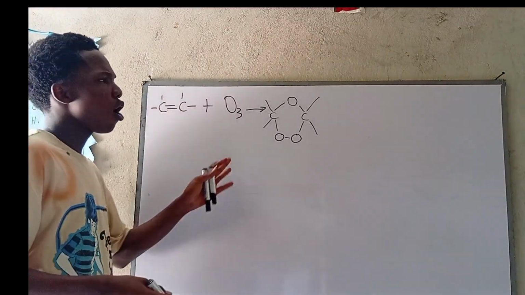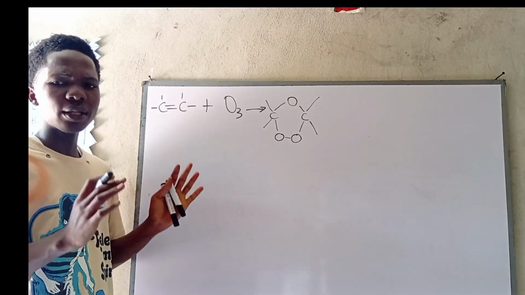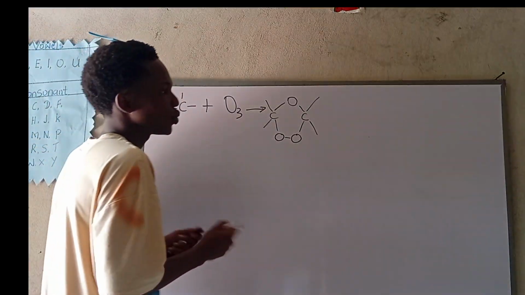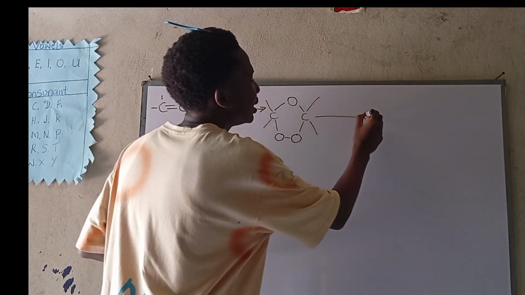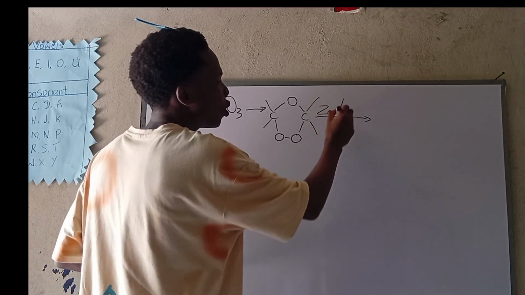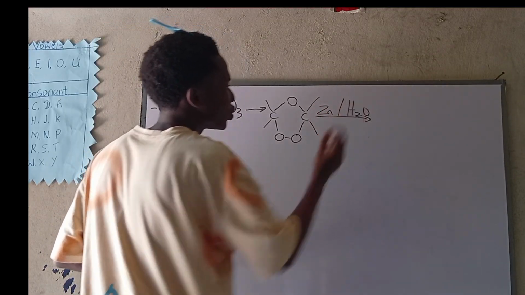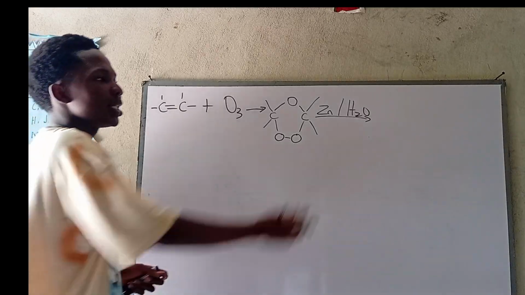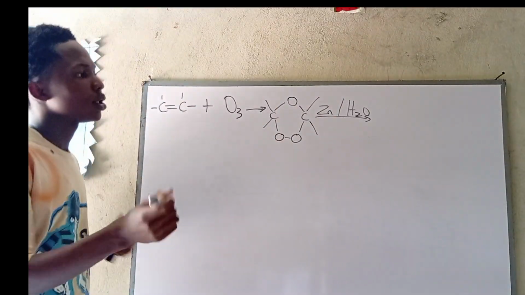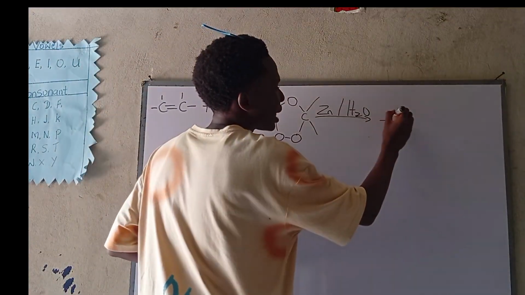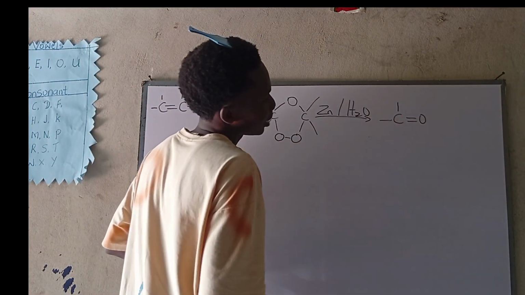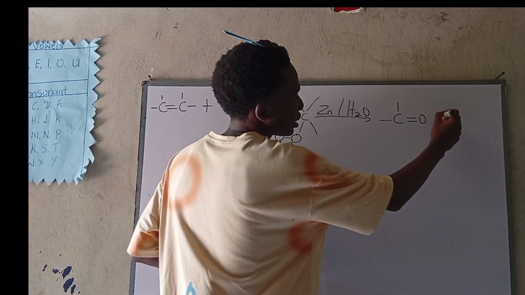On looking at this, what do we do? We say this ozonide will further react, passing through zinc dust and H2O, which is water. What is it now going to give us? An aldehyde and a ketone. The aldehyde looks like this, and our ketone is like this.